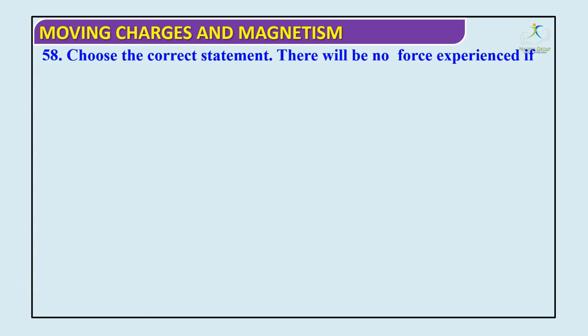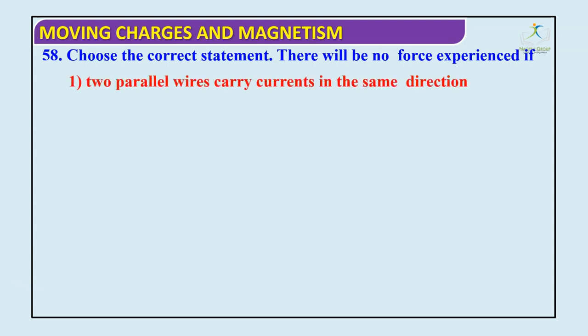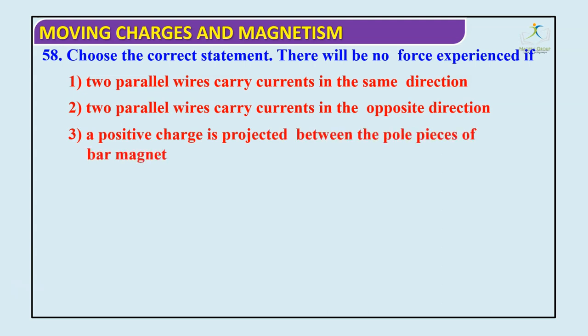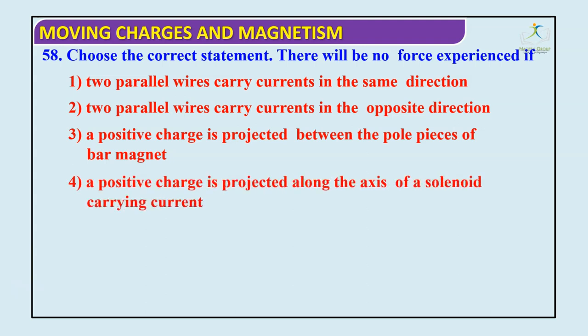There will be no force experienced if two parallel wires carry current in the same direction, two parallel wires carry current in the opposite direction, a positive charge is projected between the pole pieces of a bar magnet, or a positive charge is projected along the axis of a solenoid carrying current. The correct answer is the fourth one.